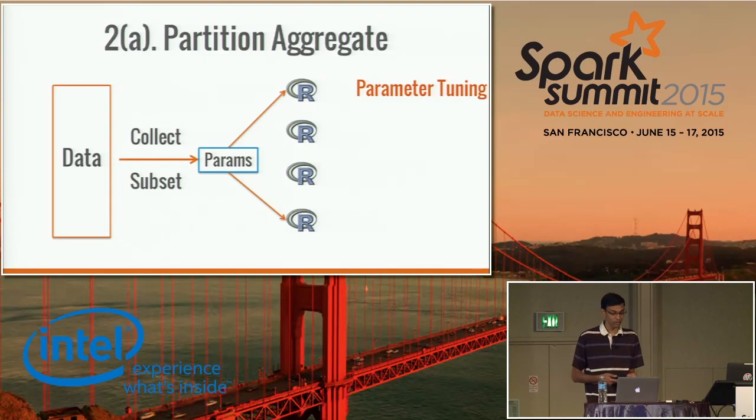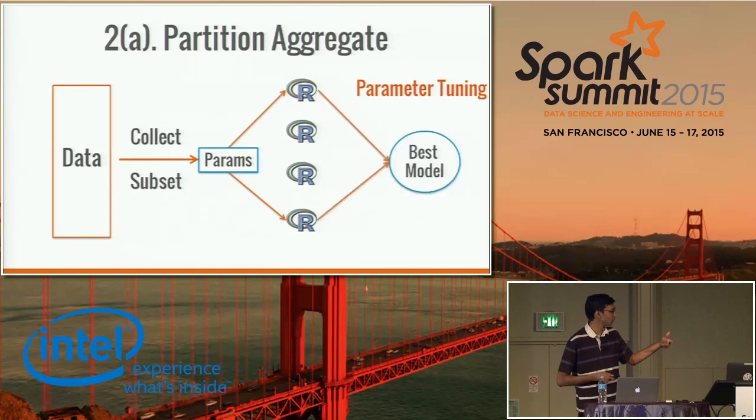So one of the most common use cases people have in this case is that they want to do this parameter tuning in parallel. So for one value of parameter, you want to run your training process in parallel. And let's say your training process uses some specific R library, then you want to spawn off a number of parallel jobs, which will use your local R package to do the model training.